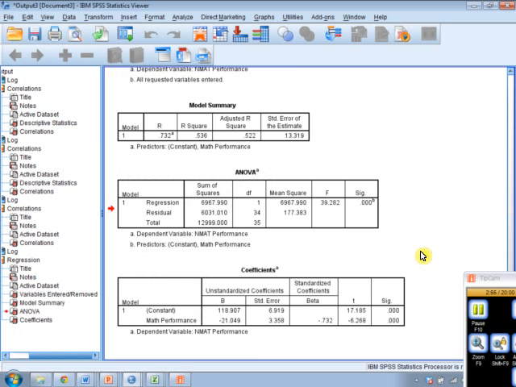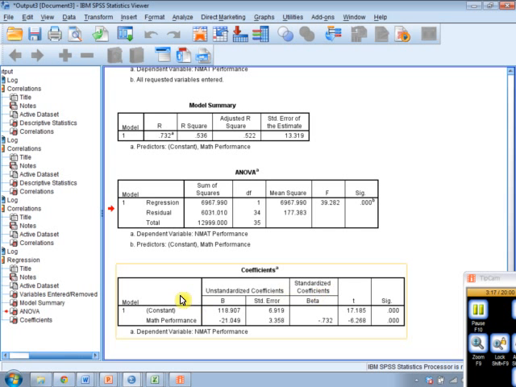Here we have our regression, so here we can create our model. We said kanina, our regression model is, as an example, y hat is equal to b sub 0 plus b sub 1 x.